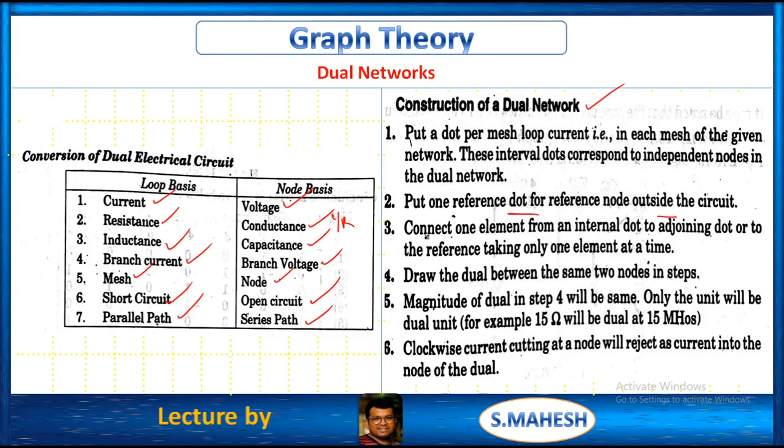Completed. Connect one element from an internal dot to an adjoining dot or to the reference, taking only one element at a time. So next, draw the dual between the same two nodes in steps.